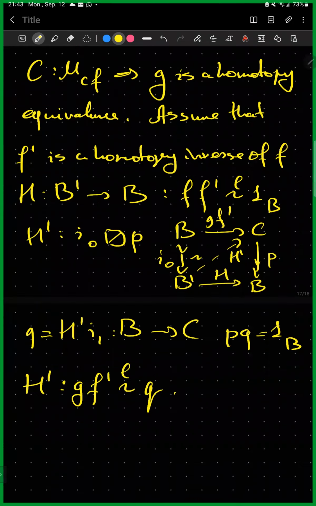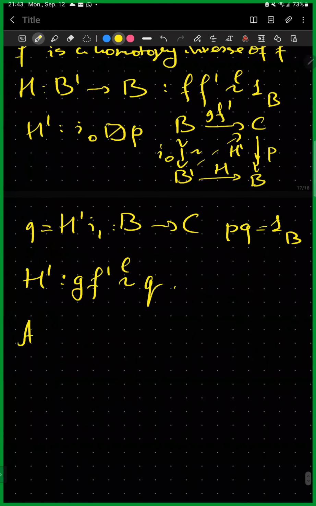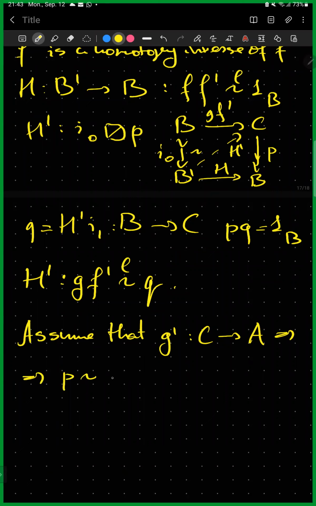Now assume that G prime is a homotopy inverse to G. This in turn implies that P is homotopic to G times G prime.